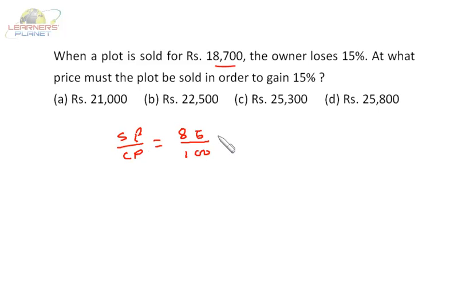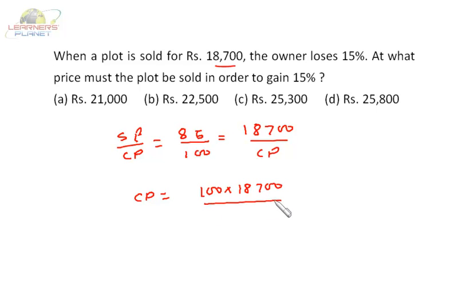Now selling price we are given, that is 18,700. Now we can find out the cost price. It's 100 into 18,700 by 85. Okay, now this is the cost price. Now we have to find out the selling price for making a profit of 15%.